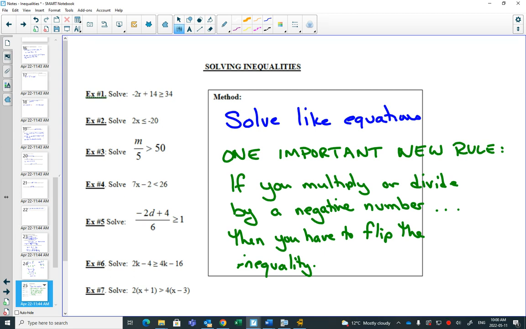And this is what we saw. Okay, I'll let you finish writing this down, and then I'll show you some examples of that.